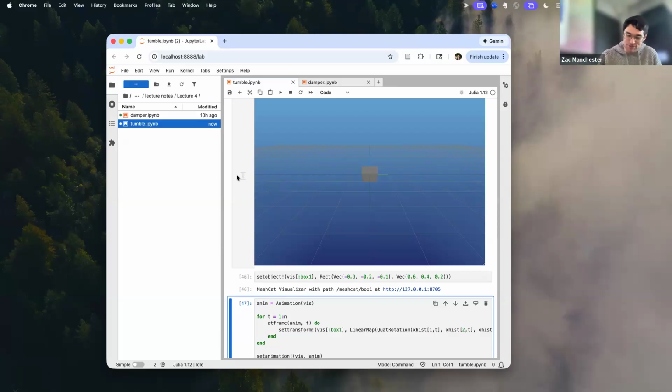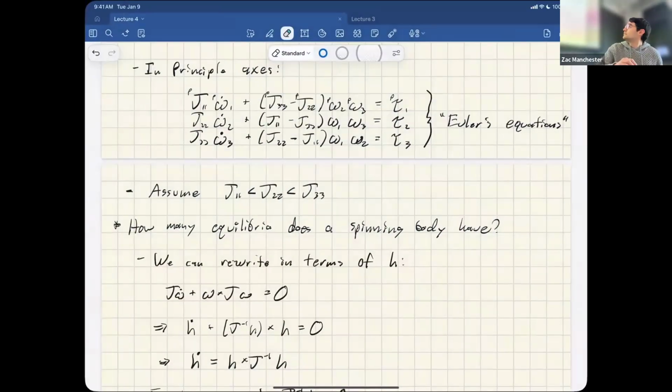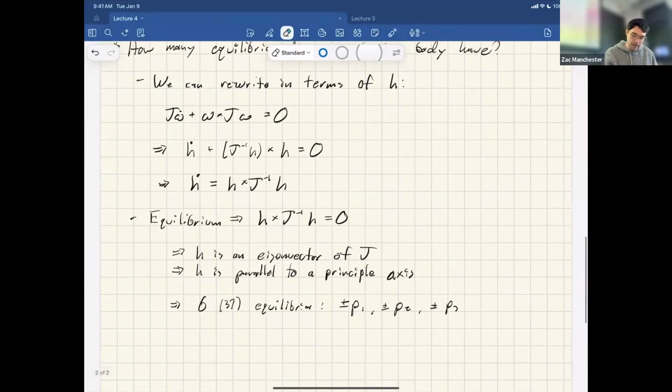So now the question is obviously, why does that happen? What's going on there? Okay, so let's go back to the iPad. Hey, it's working. Okay, cool. So we got that.